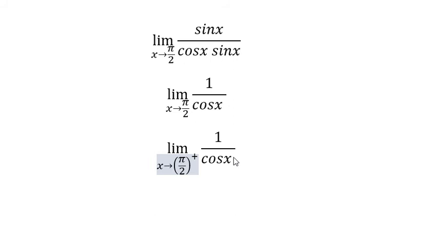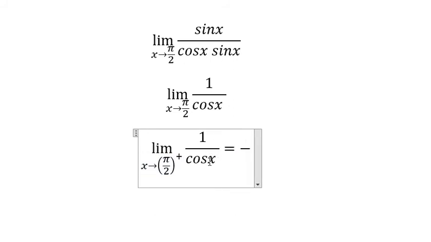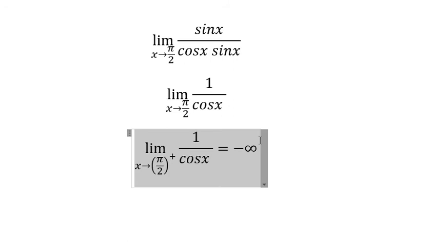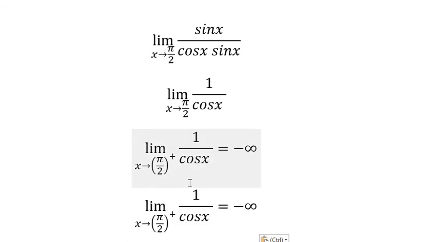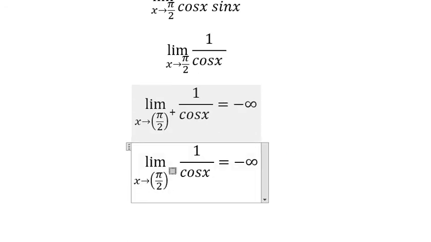Positive divided by negative, you get negative. But this is 0. So 1 divided by 0, you get infinity. Now you can do the same with the limit on the left, but this is positive. And this is the answer.